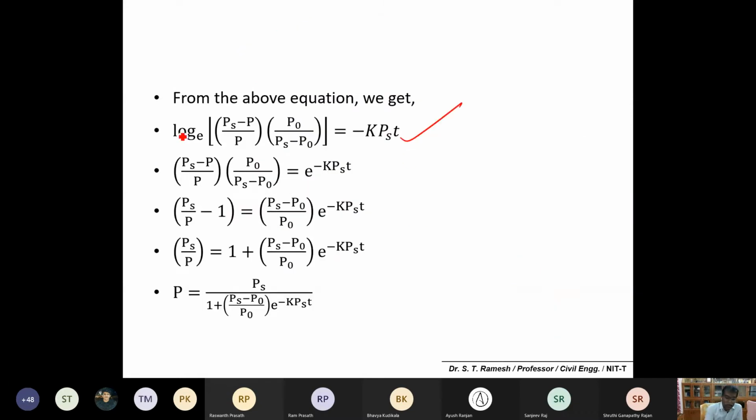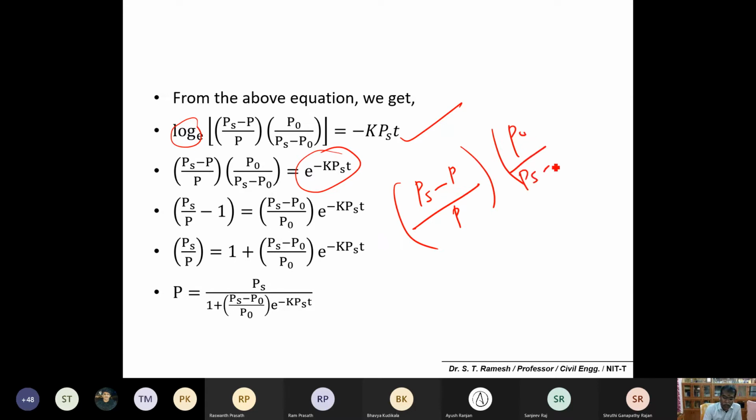This is the basic equation, and we'll simply rearrange Ps minus P. The log portion I am taking into exponential. So this is Ps minus P divided by P into P0 by Ps minus P0, which is equal to e power k Ps into t. Now just simply rearrange.